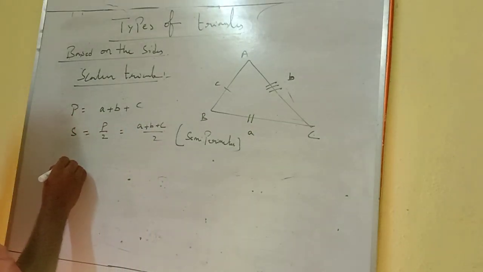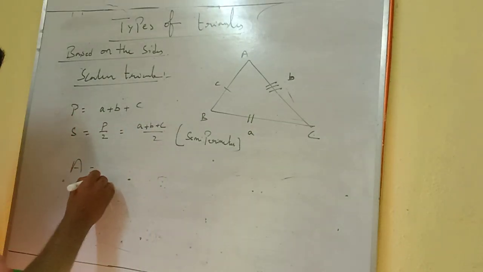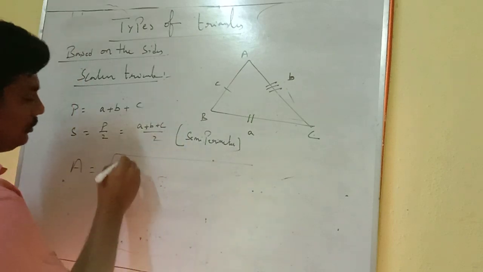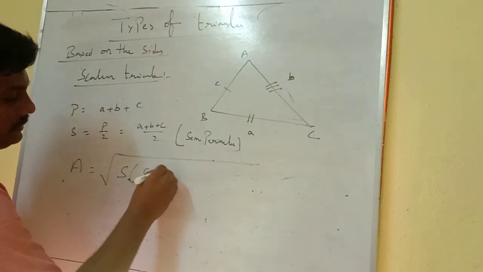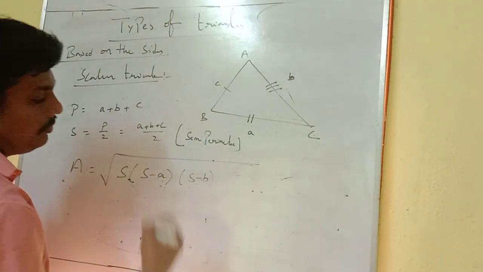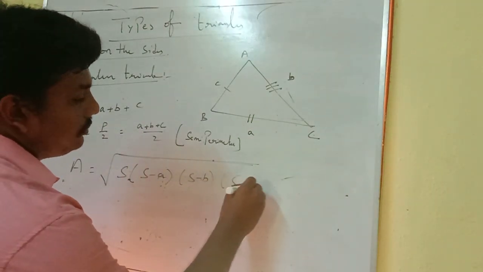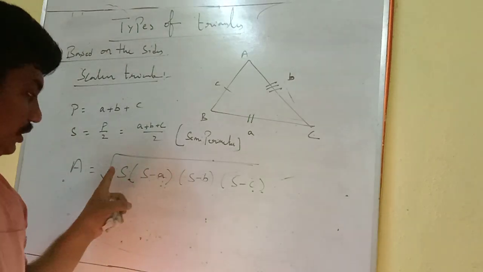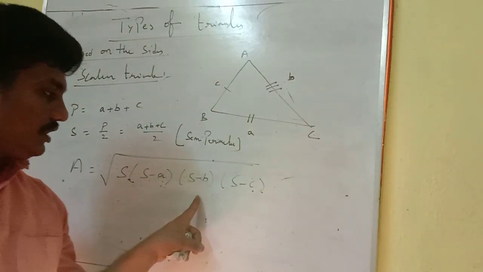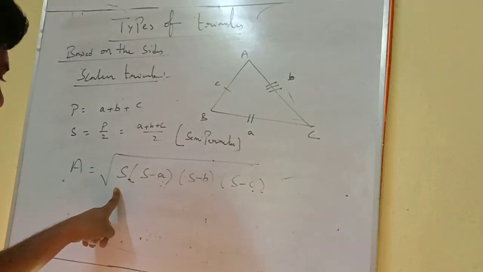Now what is the area of the triangle? Area of triangle is equal to the square root of S into S minus a, into S minus b, into S minus c, where S is the semi-perimeter.